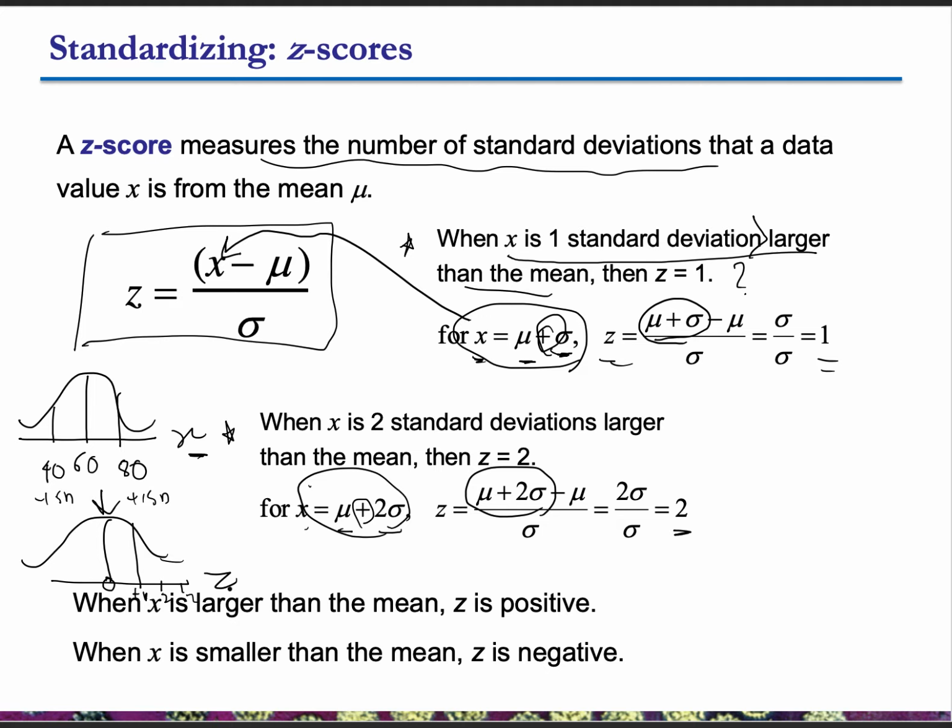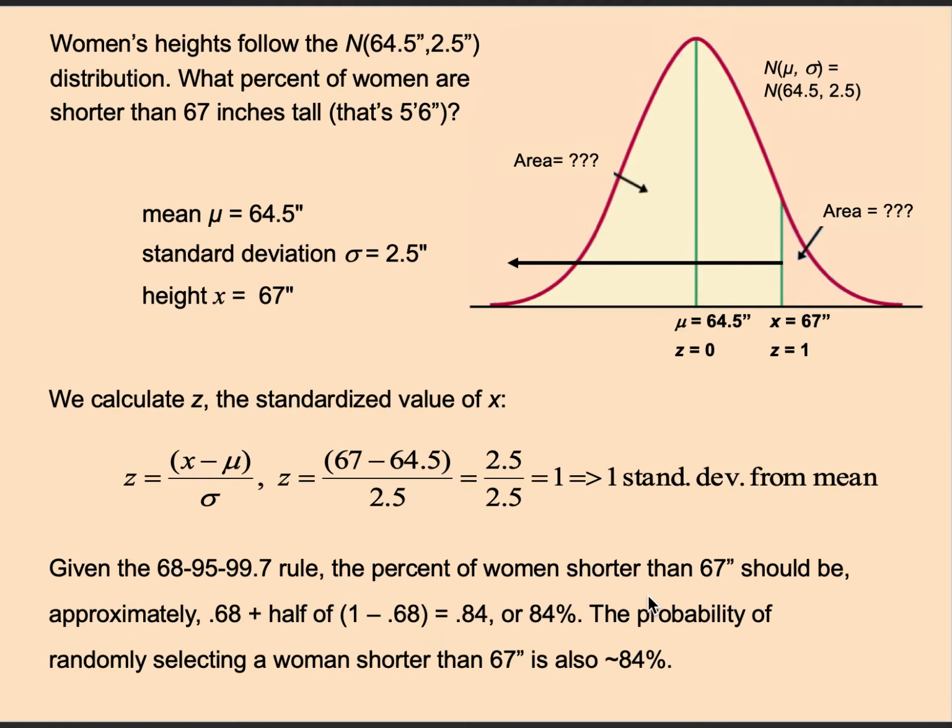Everything will be positive on the right side and everything on the left side is going to be negative. So even if x is a positive number like 40, since it is smaller than the mean, its z-score will be negative. So when x is smaller than the mean, z is negative. That is another key piece of information.